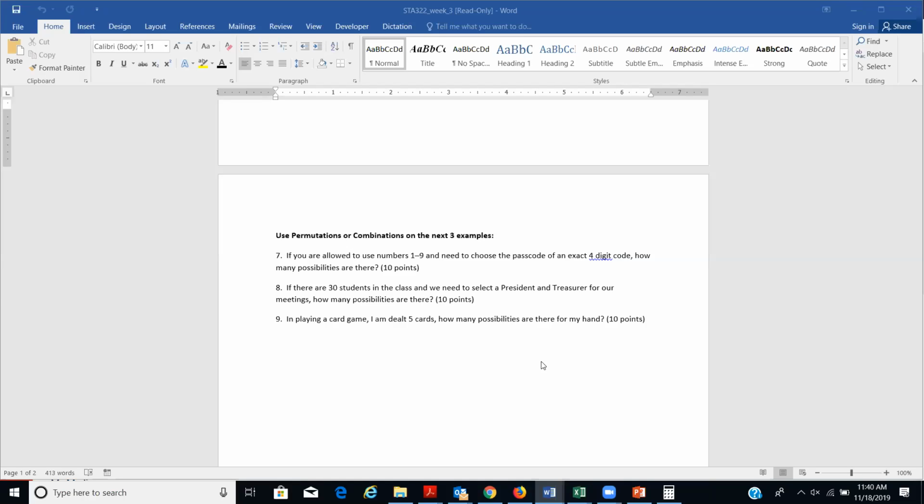Okay, so if you have numbers 1 to 9 and have to choose a passcode that's 4 digits, how many possibilities are there?